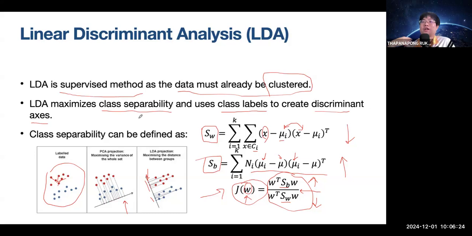But if you understand the algorithm and the algorithm doesn't do the scaling inside, then you have to do scaling by yourself. But if the algorithm already did the scaling for you, then you don't use the scaling. So that's why it's important for each method that you learn the mathematical formula, because the choice of the scaling is based on the math problem that you are going to do later on. So in LDA, you don't use any scaling. Okay.